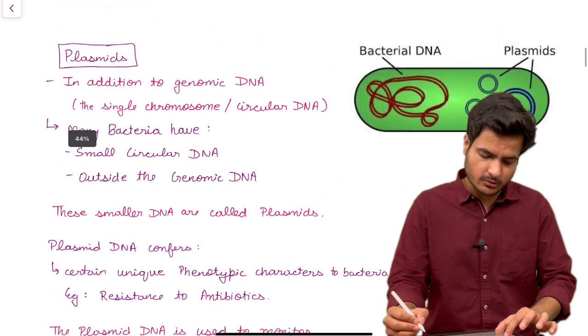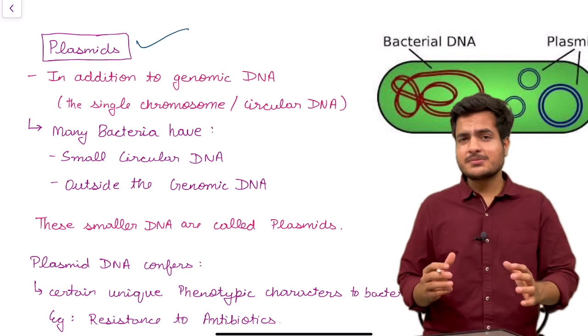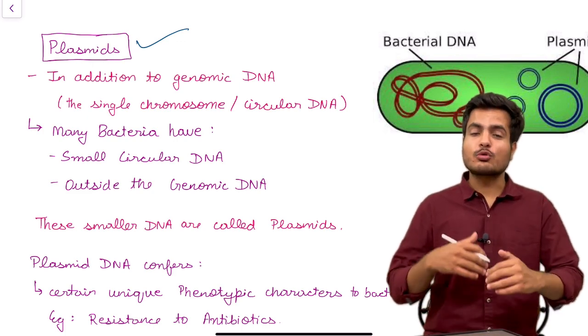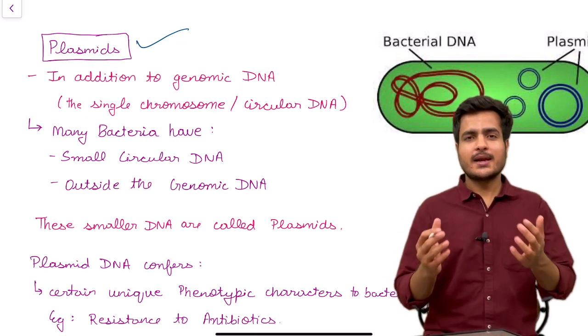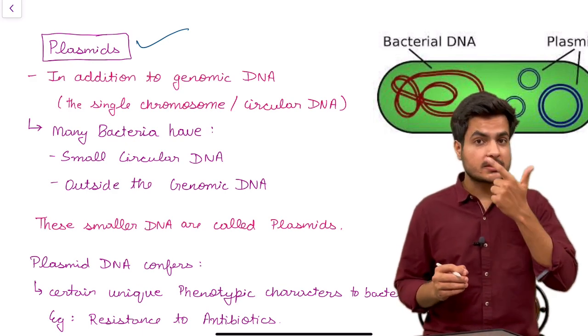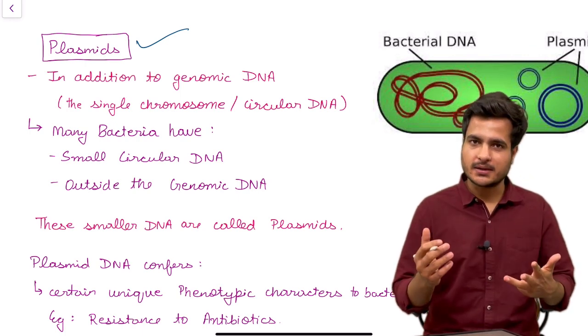Now let's discuss the plasmid. What do we mean by plasmid? Plasmid is a type of DNA which is present outside the genomic DNA. The characteristic features of a plasmid are that it is circular, smaller, and present in the cytoplasm, extra to the genetic material.